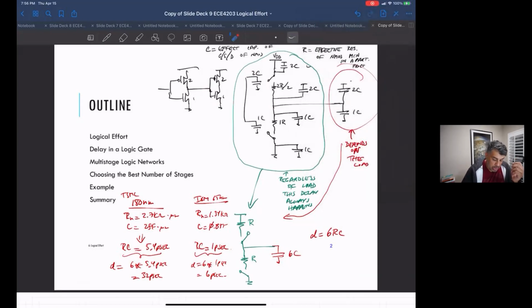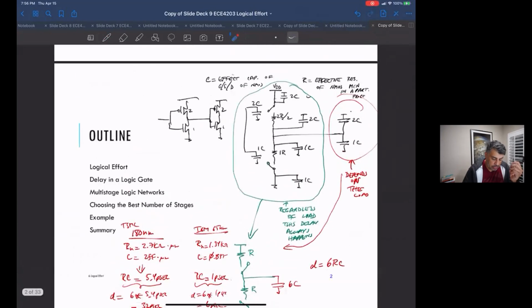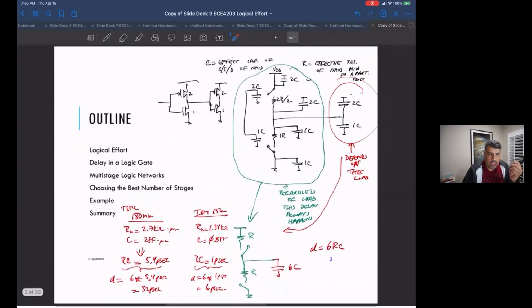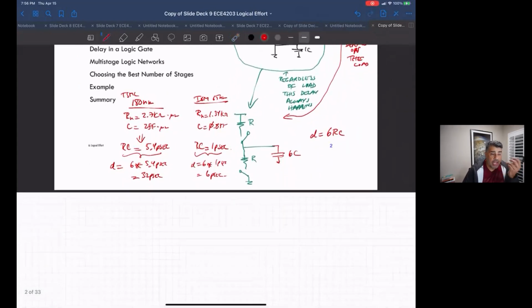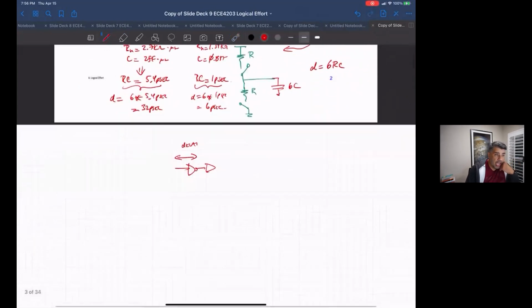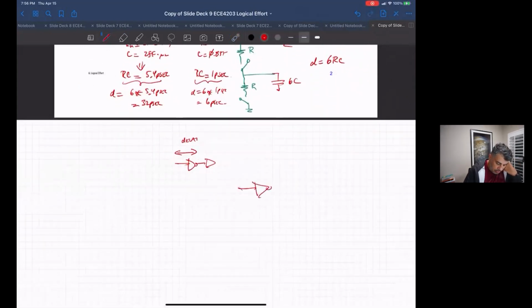But that's nice if you had a single device. Usually you hardly ever have an inverter driving a load where you're just worried about the delay of one stage. Usually you have some complicated mix of circuits, and it goes on.